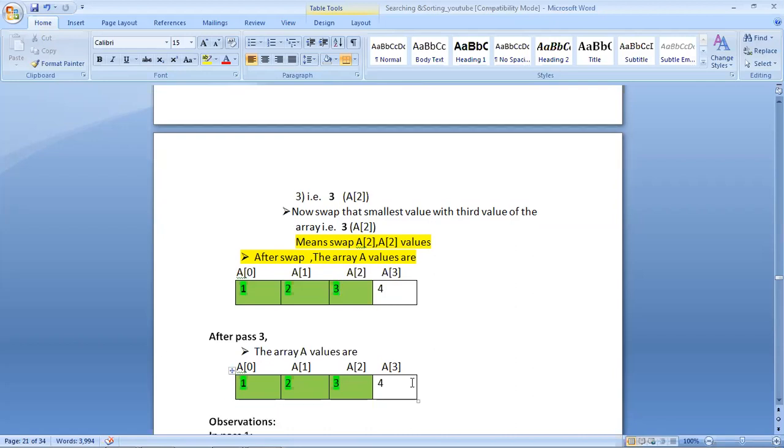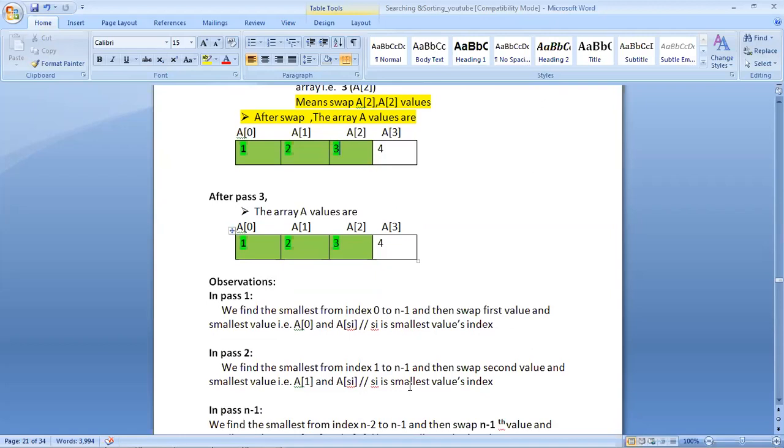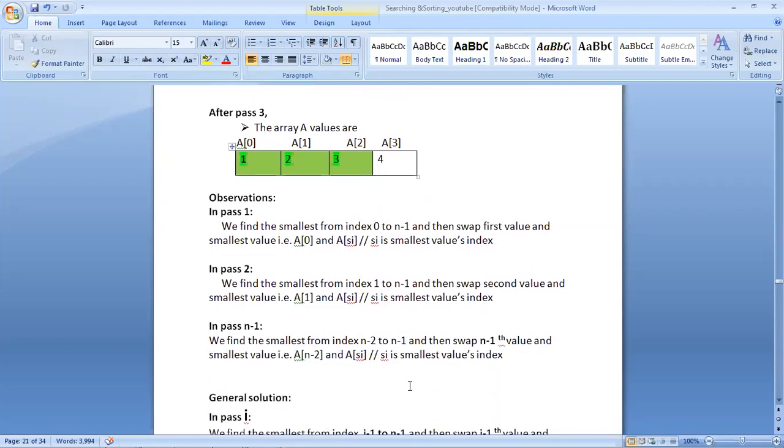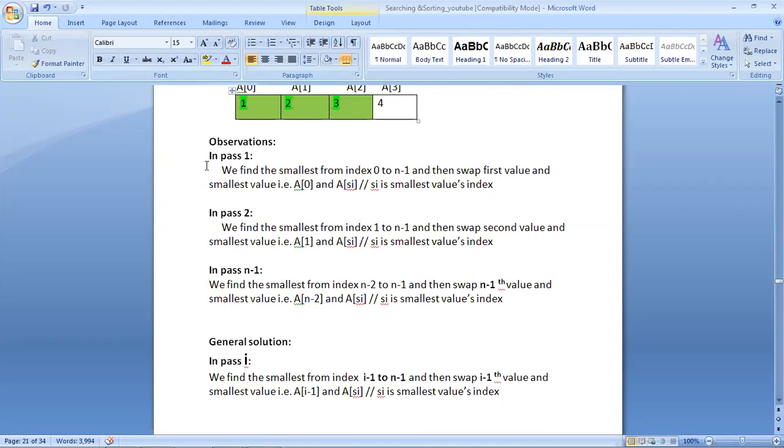So carefully observe what we have done in each pass. This is for understanding and implementing the logic. In pass 1, we find the smallest value from index 0 to n minus 1. So from the whole array we find the first smallest value and then swap the first value and the smallest value.